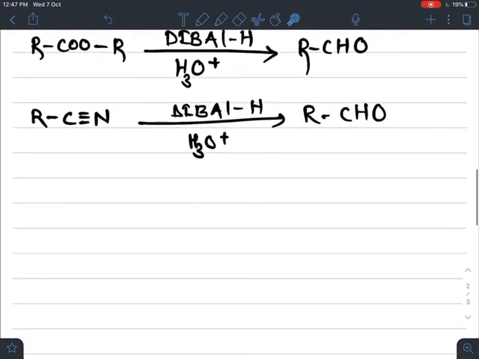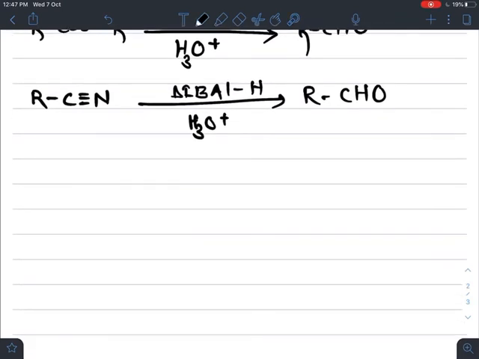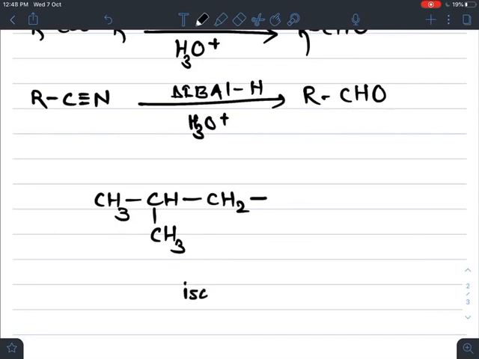What is the formula of diisobutyl aluminum hydride? You know the isobutyl group: to the second carbon a methyl group branch is attached, and it is a total 4 carbon containing group. This is the isobutyl group.